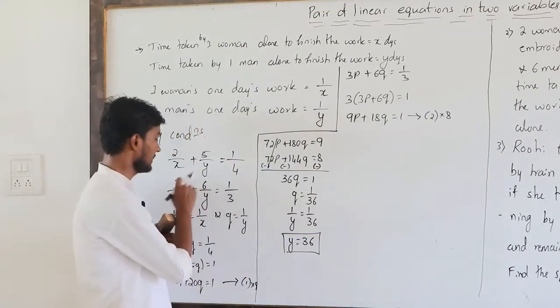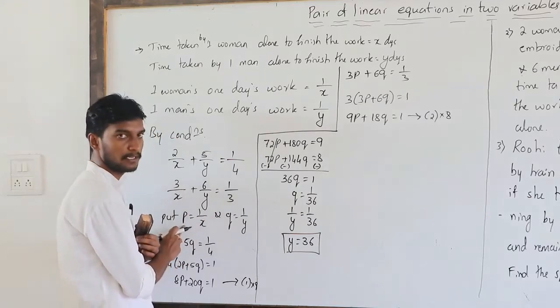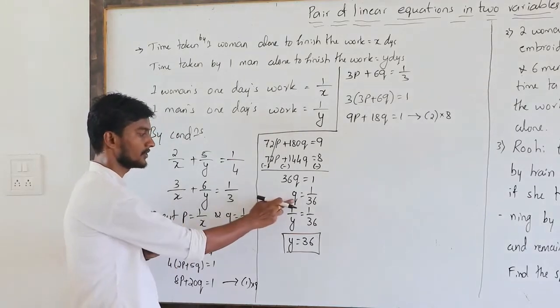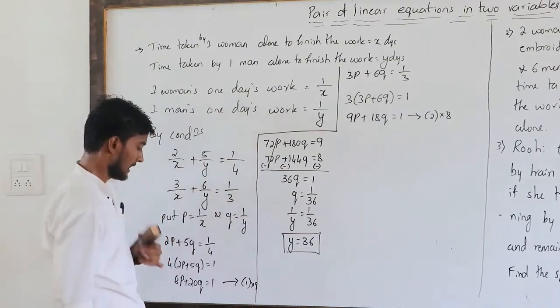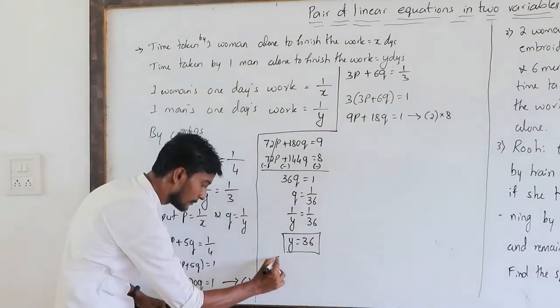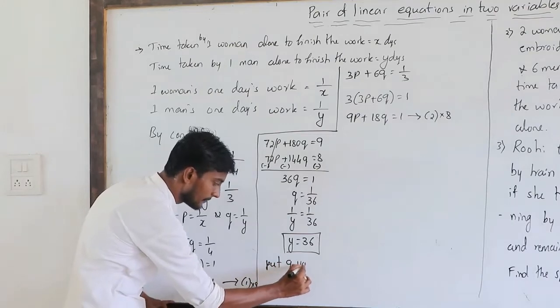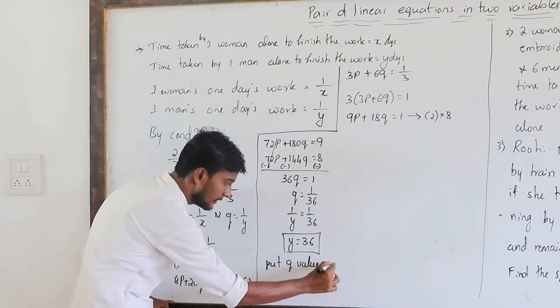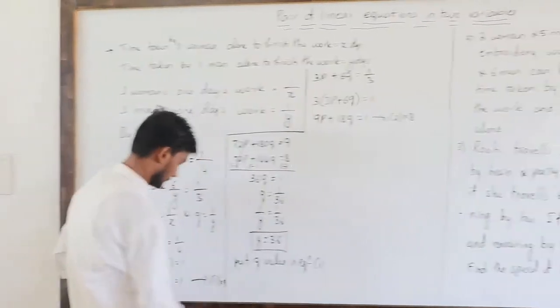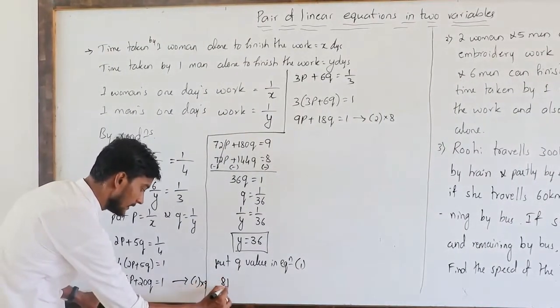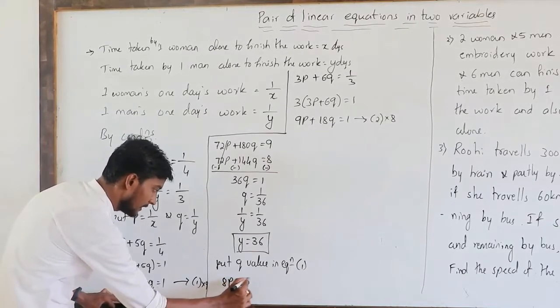Next, to get the value of x, we have to find the value of p. To get the value of p, you have to substitute the q value in equation number 1 or in equation number 2. I will put the q value in equation 1. So that is 8p plus 20 into q value.